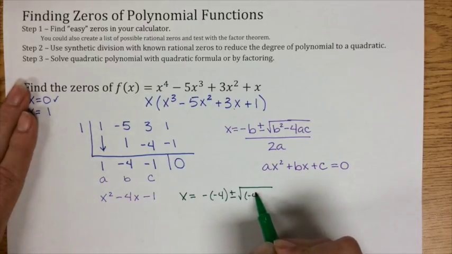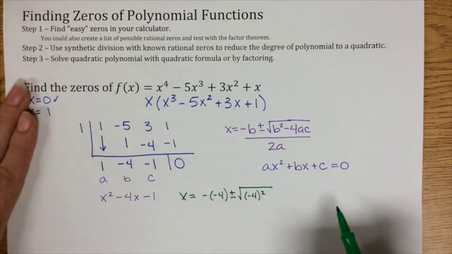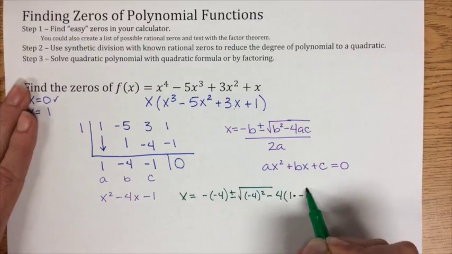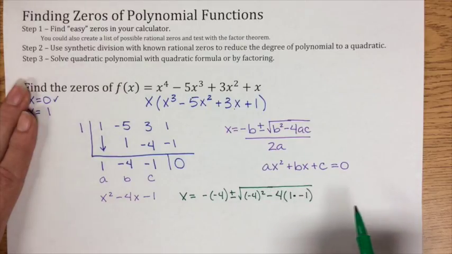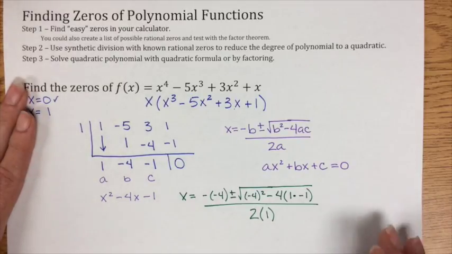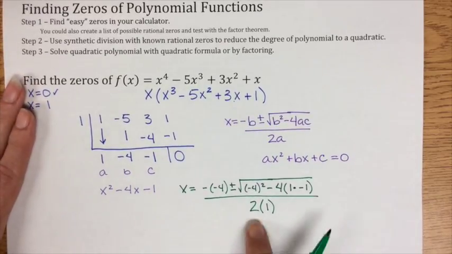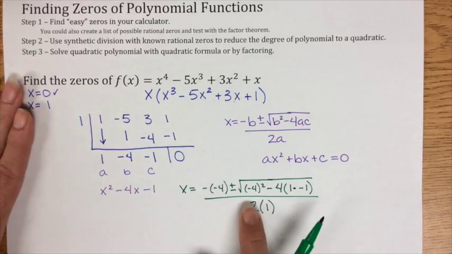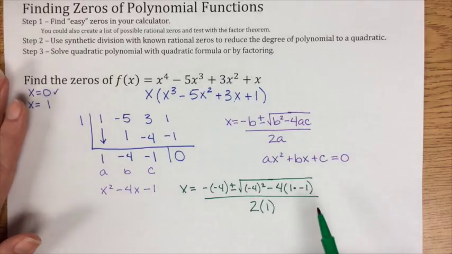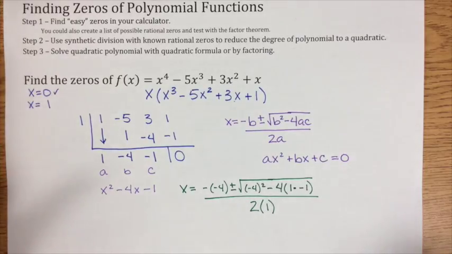So that's negative 4 squared minus 4 times a times c, all over 2 times a. 2 times a, and that's 2 times 1. As you move forward, you can do some of this in your head, and I suggest you do. You never want to put the whole thing in your calculator at one time. It's just going to mess you up.